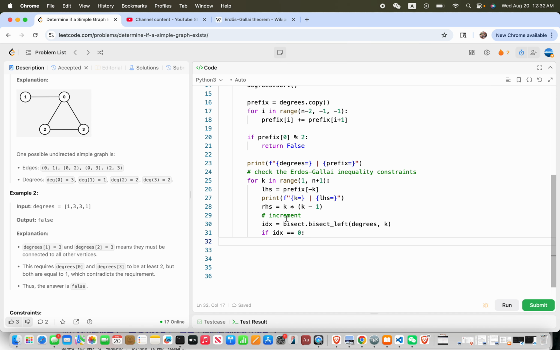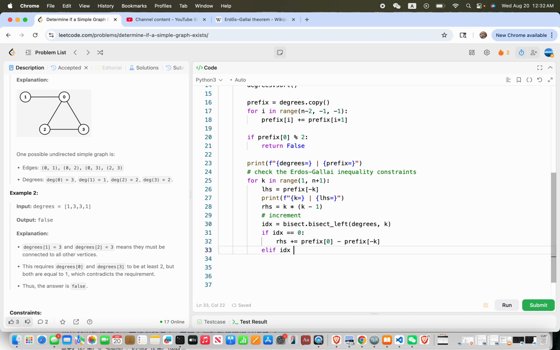So it will be the right-hand side incremented by prefix 0, then we exclude key terms, so we do prefix negative key, right? This number represents the summation of the k largest di's. So you use the summation minus those key terms, you get the n minus k terms, right? So this is the one thing.